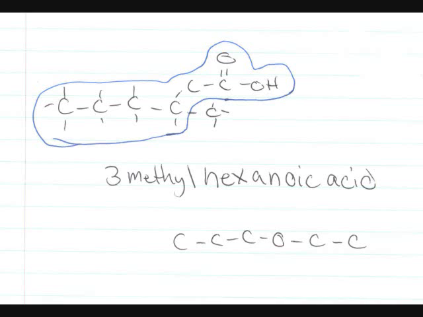Which carbon is it coming from? Count again, from the functional group: 1, 2, 3. 3-methylhexanoic acid. So if there's a functional group, you count from it, but if there's not, you count from the shortest. Right. Okay.